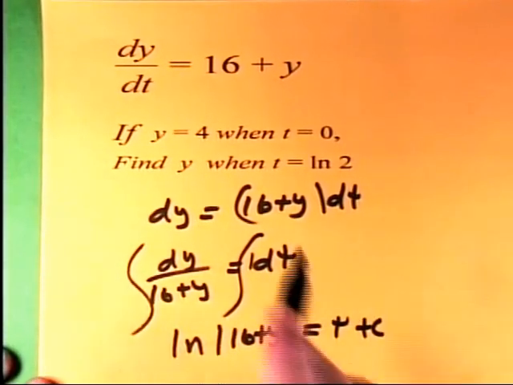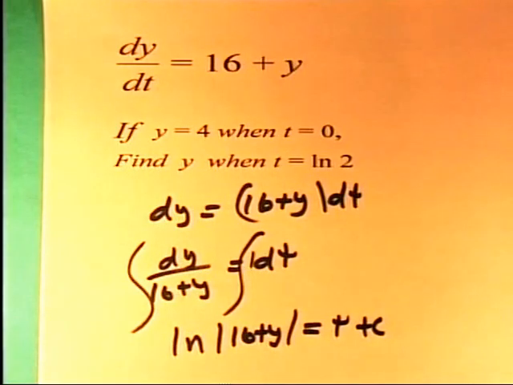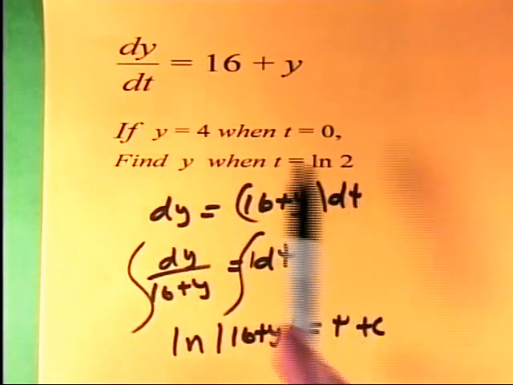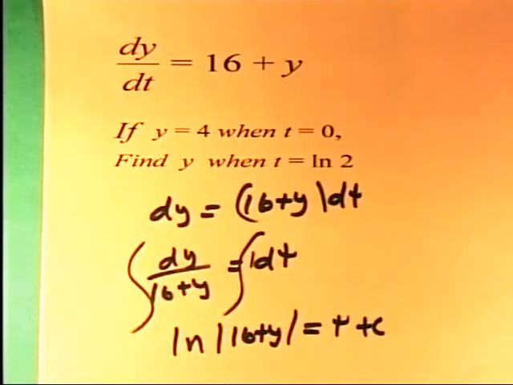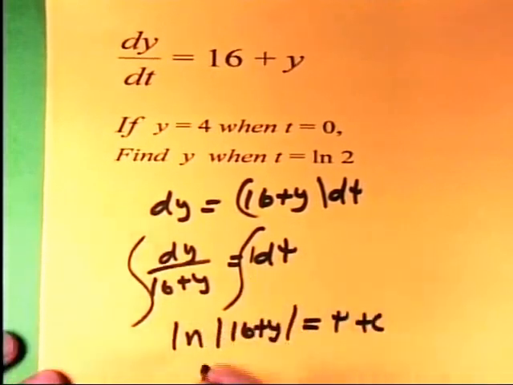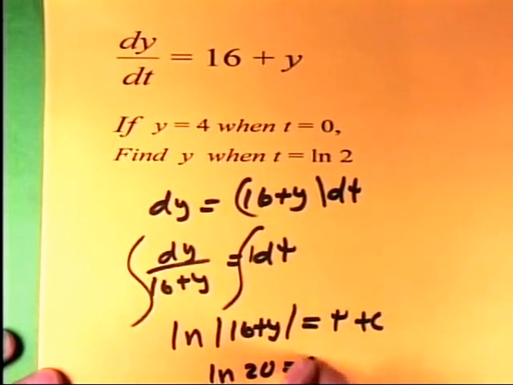Excellent. Okay, now what can I do about that initial condition up there? Before we e both sides, let's try to solve for c. Plug in 0 for t and 4 for y, we get the natural log of 20 is equal to c.